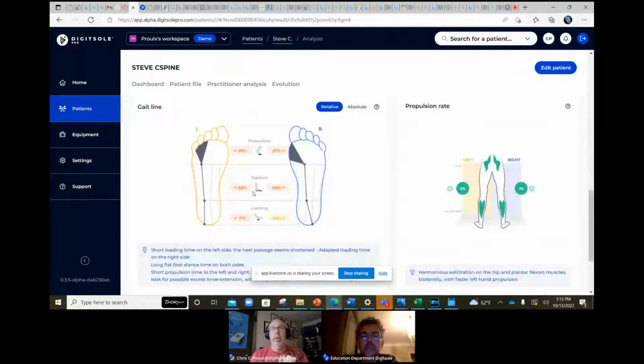And this is what then also wants me to go and look at the pronosupination angles, right? So remember that we typically heel strike with a slightly inverted heel for most people. And then it goes into a neutral position. And then when we toe off, the heel starts to either stay neutral or go out into eversion a little bit.